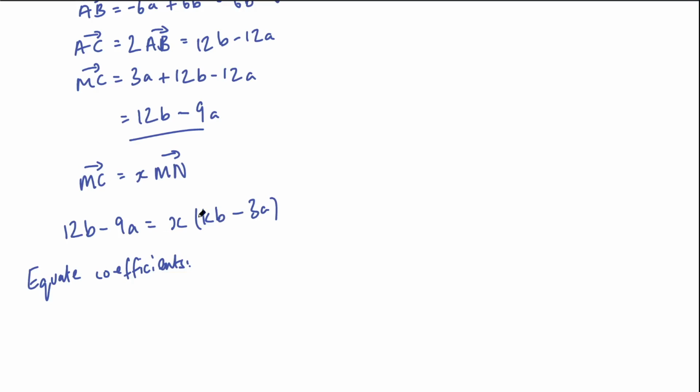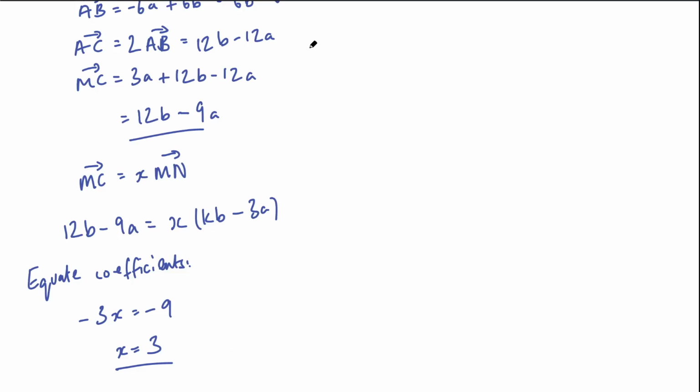So if we expand this out, we would get negative 3x should equal the same coefficient as a on this side. So negative 3x equals negative 9. So therefore, well, negative 3 times 3 is negative 9, so x must be 3.